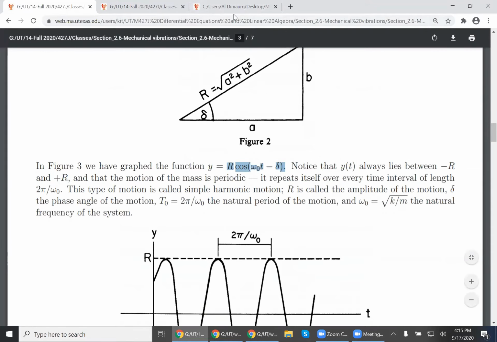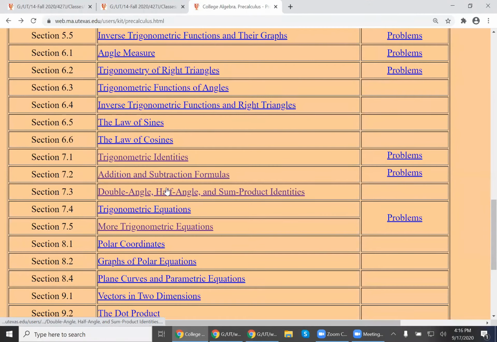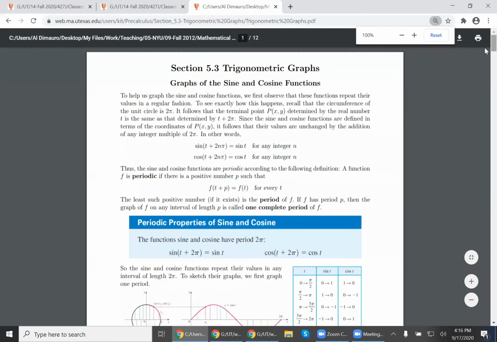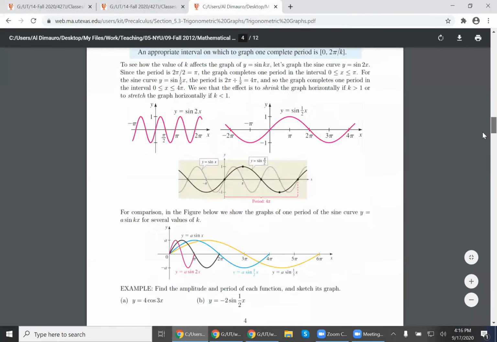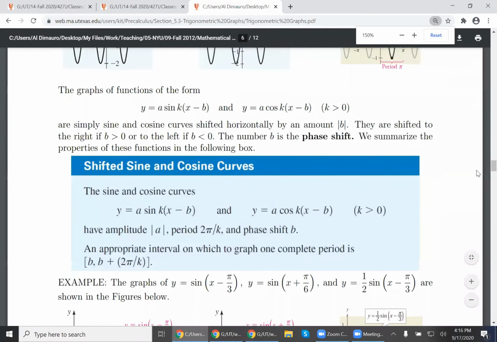Well, let us go back to pre-calculus again. Take a look at section 5.3, Trigonometric Graphs. We scroll down. Over here, the sine and cosine curves, this and this, have amplitude, absolute value of A, period 2 pi over k, and phase shift b.